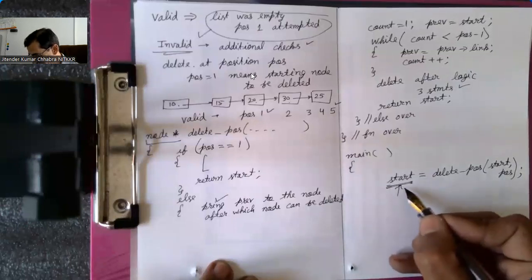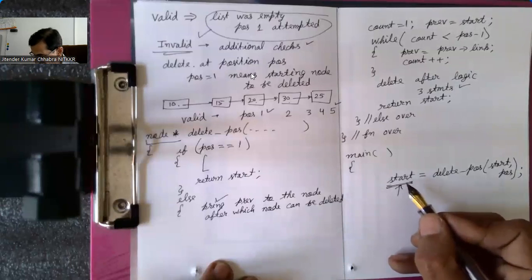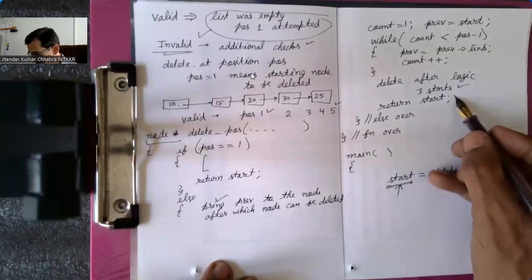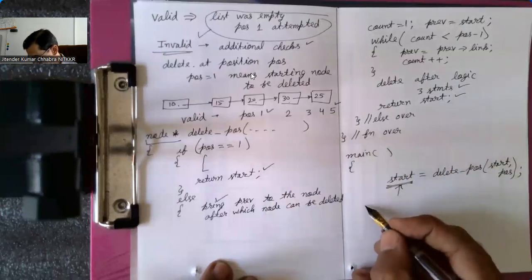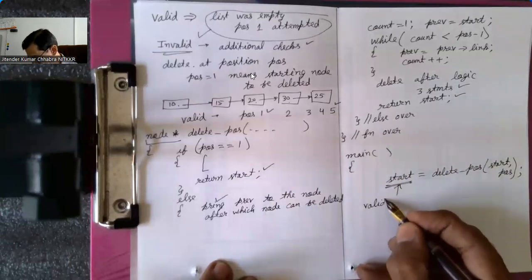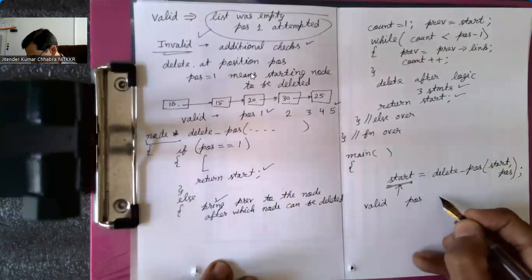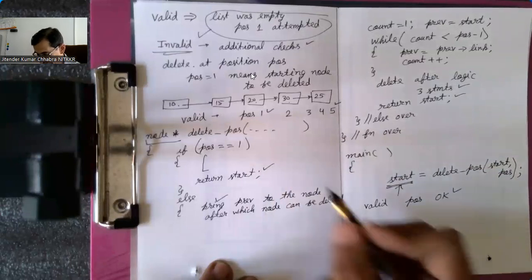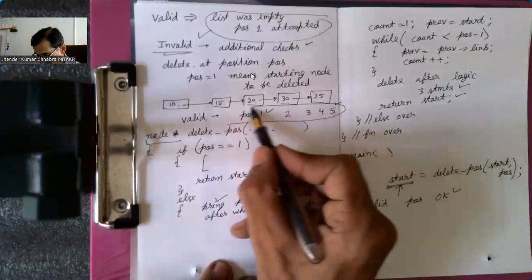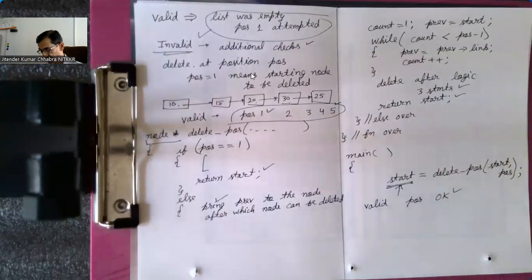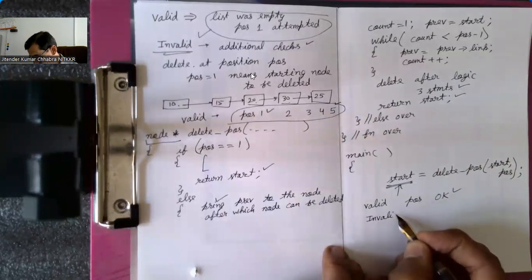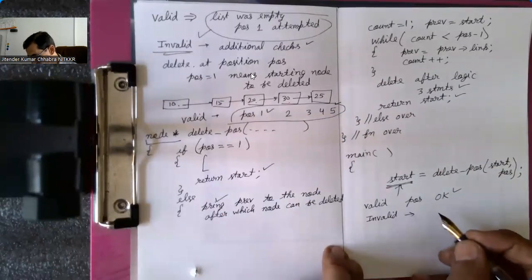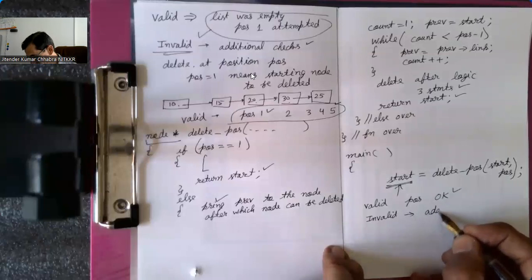Start will always receive the updated or unchanged start, so start must be returned in every case. For valid positions, perfectly fine. Everything should work. I must verify that for valid positions it works well. For invalid, if you want to try, you can do your own coding, and additional checks will be needed.